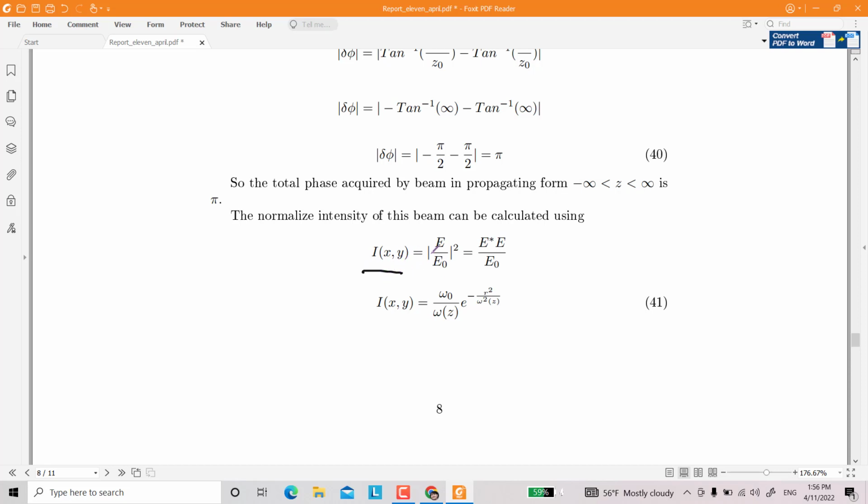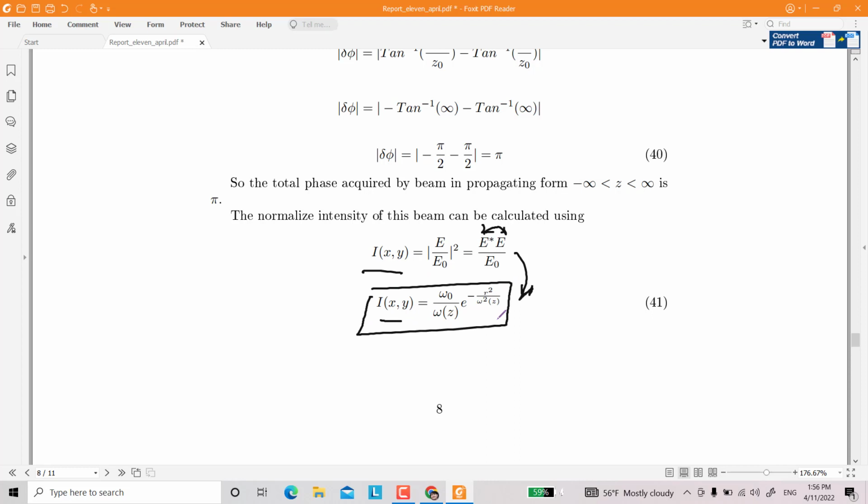So the normalized intensity is E divided by E naught mod square, which is E star E divided by E naught squared. If we multiply E star with E, then the phases cancel each other, e to the power 0 is 1, and we are only left with those terms which do not have an imaginary number. And that is going to give us the intensity of the beam.